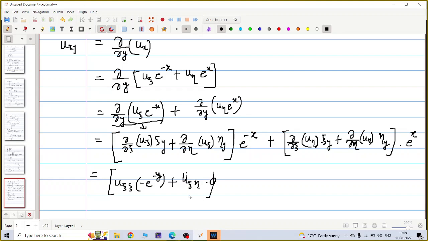Eta y is 0. Robi and Sasank, any question? Xi y is now equal to, and eta y is 0.